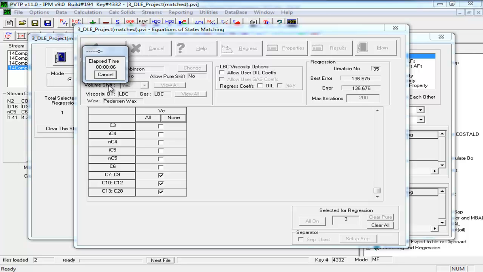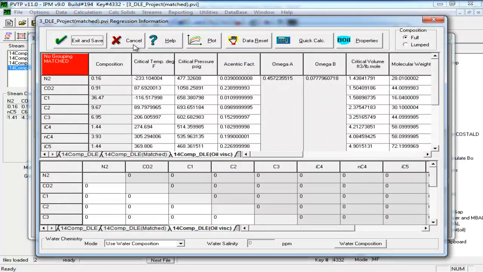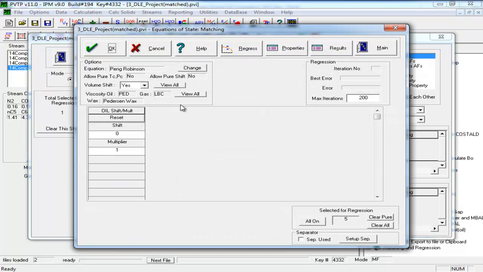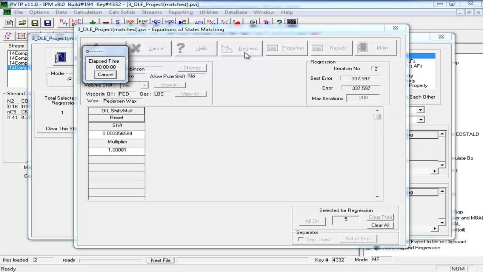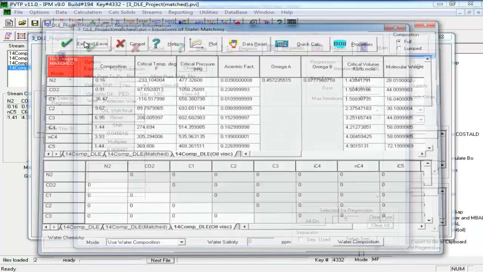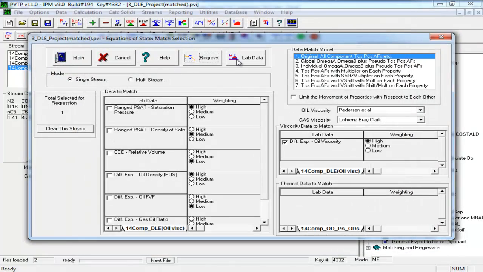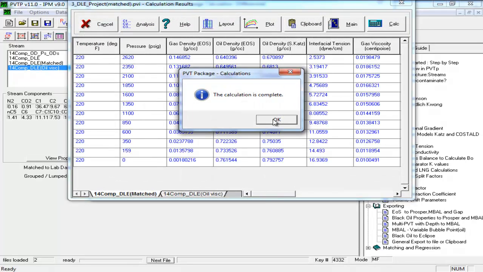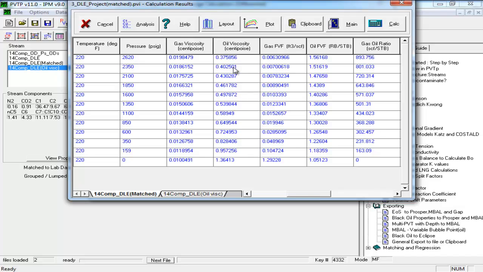Maybe this model also is not useful. Yeah, this model is okay. When I use the Peterson model, I reduce the error to 15. So when I press cancel, okay, I'm not sure, but I will see. Oil viscosity.